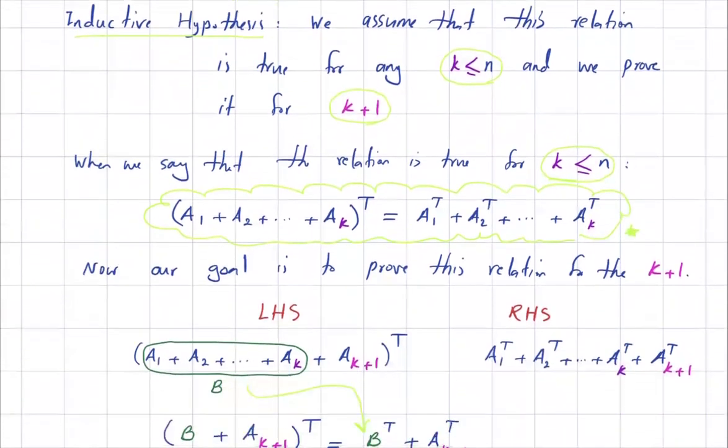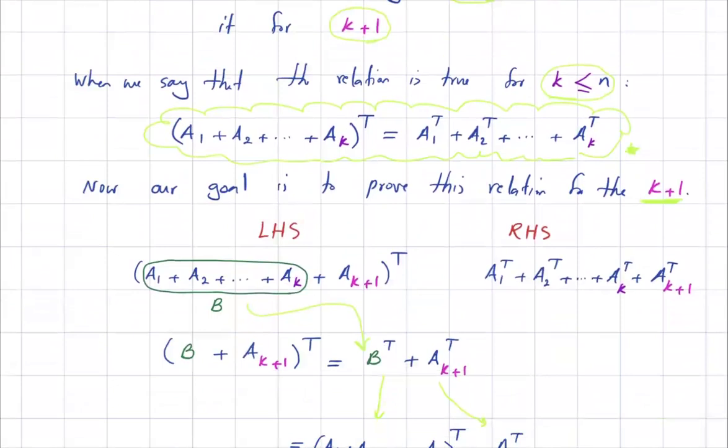Now, your goal is to show that this relation is true for k plus 1. On the left-hand side, you have A1 plus A2 plus Ak, and you're going to add A k plus 1 because the last index must be k plus 1. On the right-hand side, you're going to list everything and add A k plus 1 transpose.